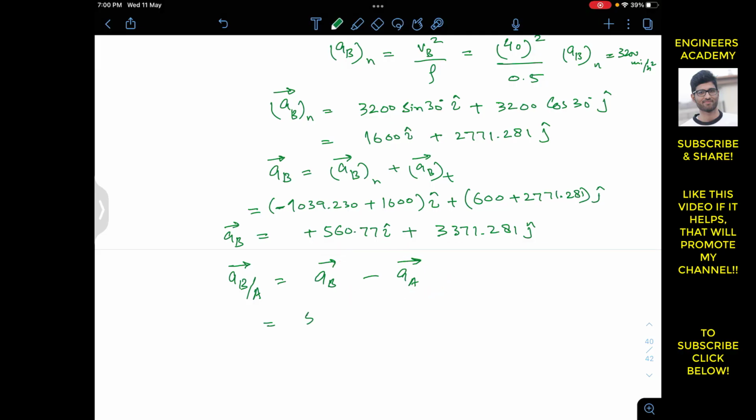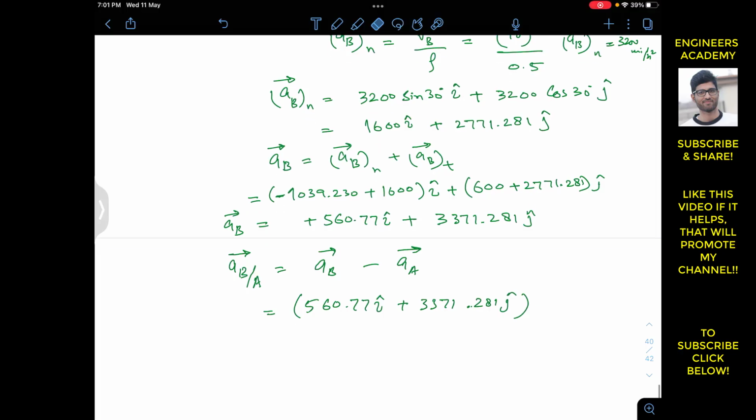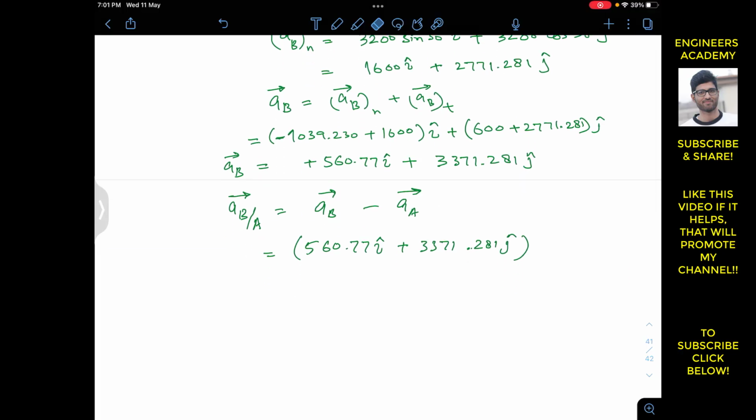So we can write 560.77 i plus 3371.281 j, minus 0i plus 0j. So we will get that same AB vector. So this means that the relative acceleration of B with respect to A is equal to the acceleration of B.